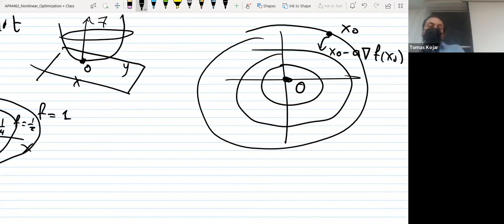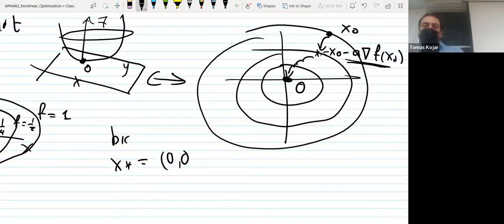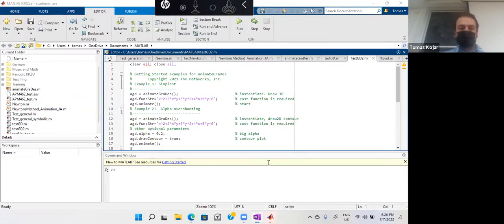Since the minimizer is at 0, your vector will throw you towards 0, because you're just adding a vector that points there. This is x1, and it keeps going till it hits 0, because x star is just the origin. Questions?